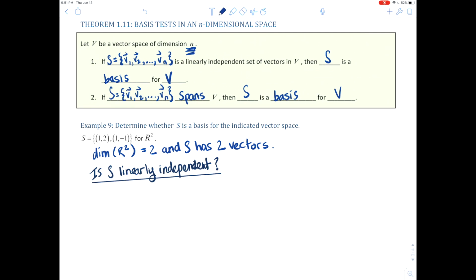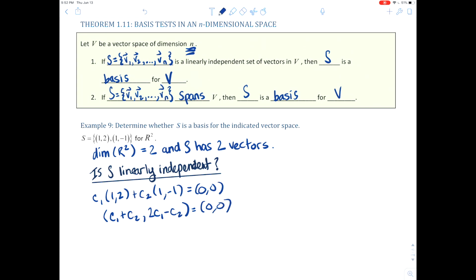All right, well, got to do C1 times vector (1, 2) plus C2 times vector (1, -1). And we set that equal to the 0 vector for R2, which is (0, 0). So getting one happy vector, we'll have C1 plus C2 for the first component and 2C1 minus C2 for the second component, and that's equal to (0, 0).